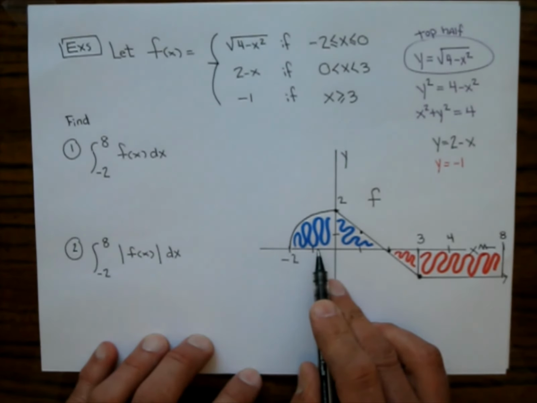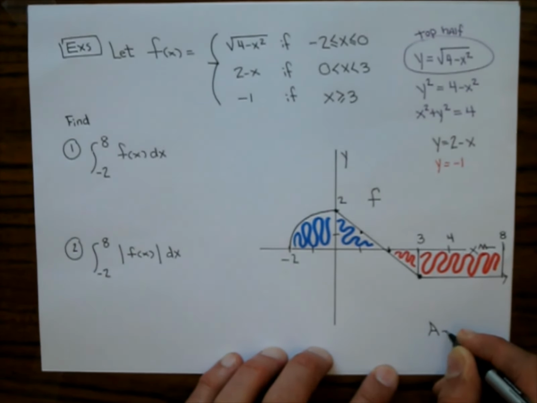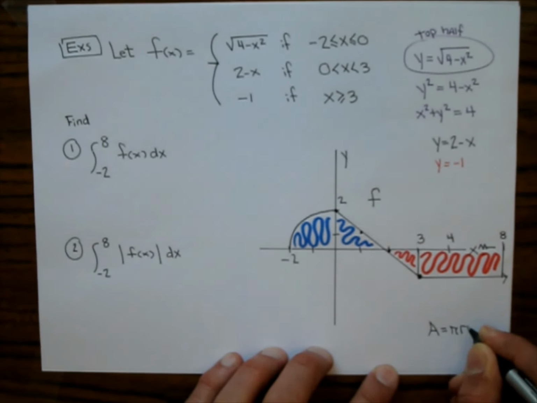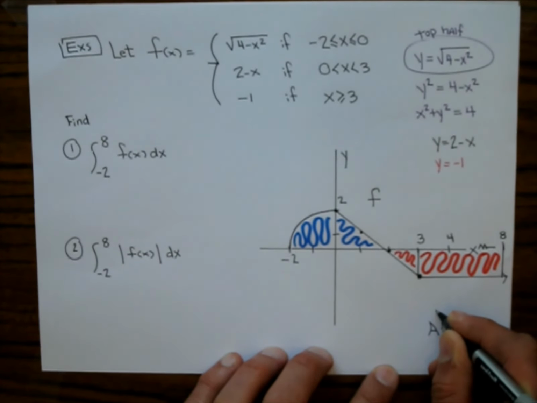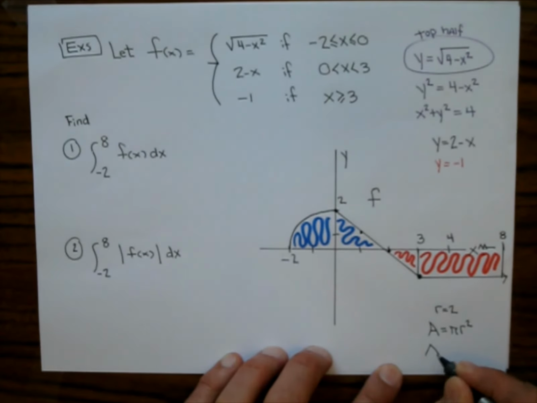Okay, the hard part first. If you have a circle of radius 2 and you're trying to find the area, the area of a circle is pi r squared. So if the radius is 2, the area is pi 2 squared, which is 4 pi.